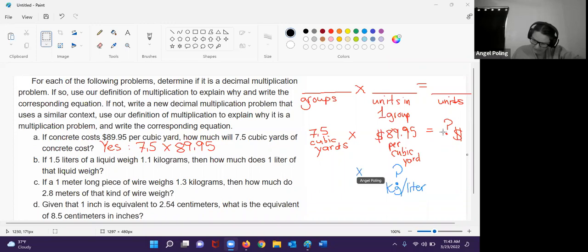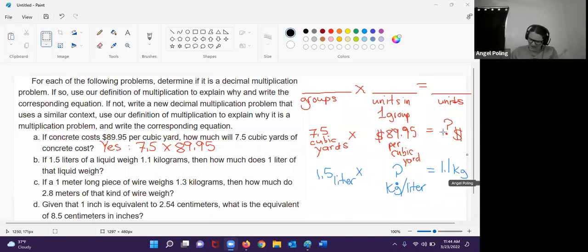And then they've multiplied by the number of liters. So we would have our 1.5 liters, which is our groups, and then we have 1.1 kilograms.